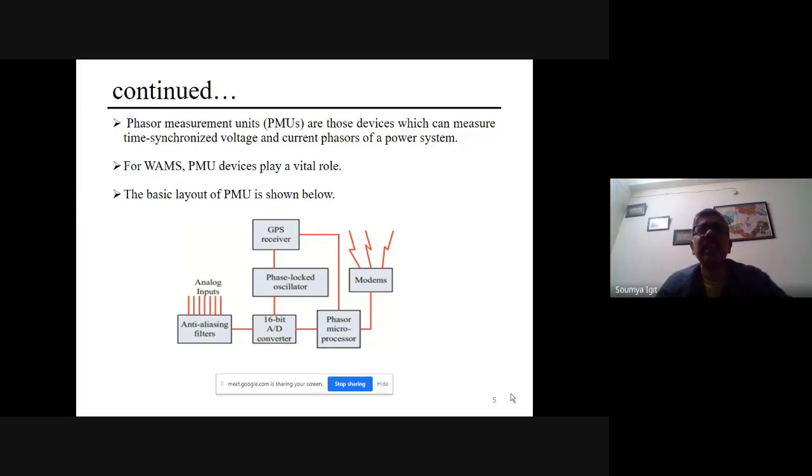So with synchronized measurement, how much latency is tolerated? If you are in a faster time scale, the latency is not tolerated, that means in the protection domain. Then for stability, some milliseconds of latency is tolerated, and as far as economic load dispatch is concerned, that comes in a larger time scale.